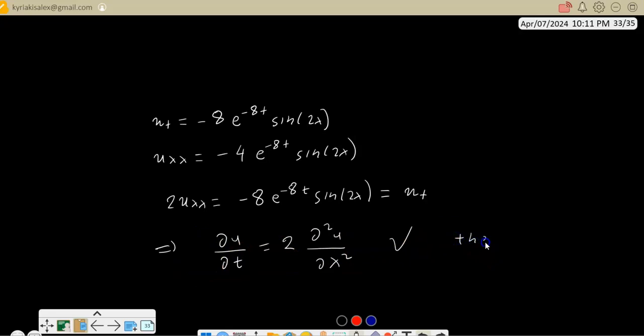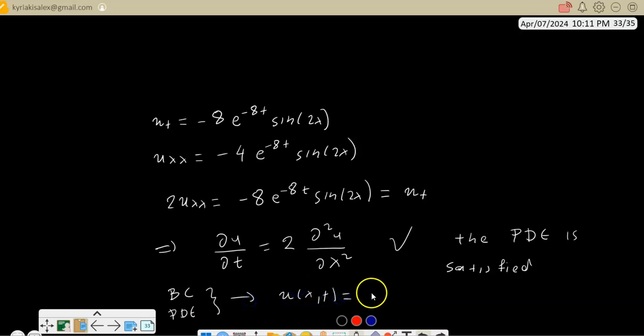So the PDE is satisfied. Boundary conditions and PDE. Consequently, the function u of x comma t, e to the minus 8t sine 2x, is a solution to the boundary value problem.